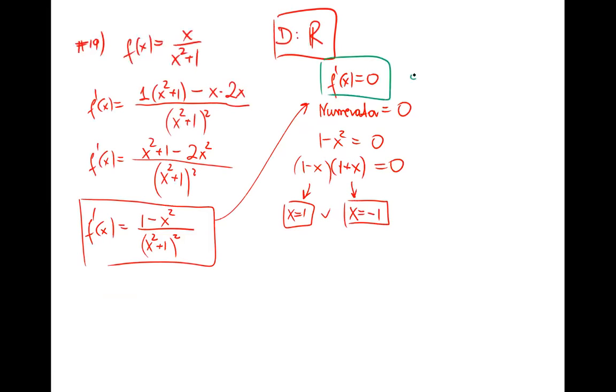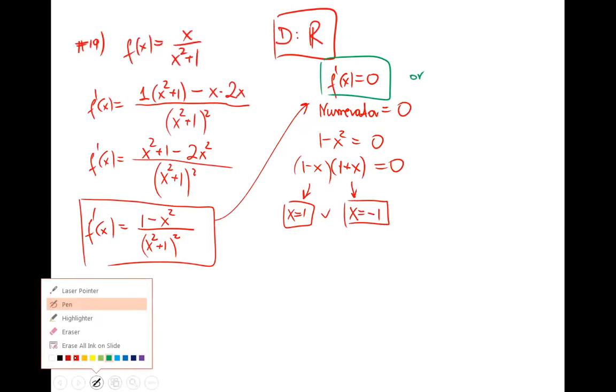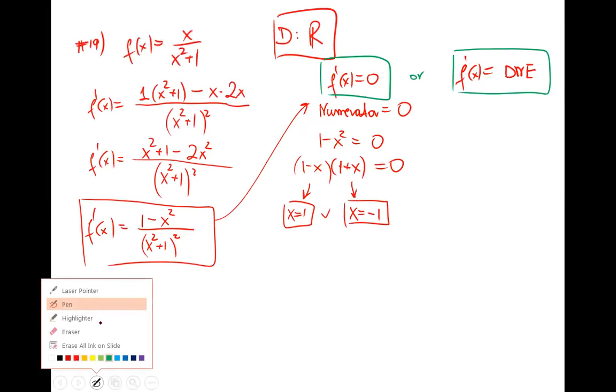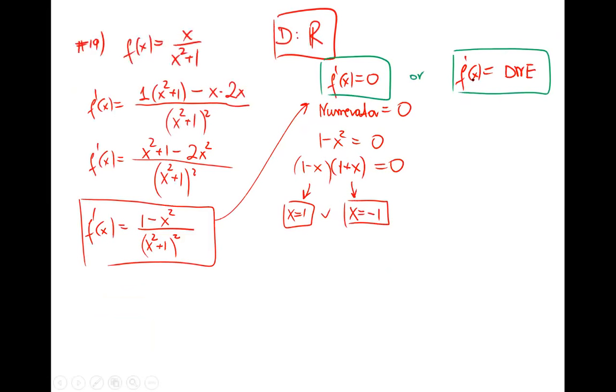Okay, but we also have to find out the values where the derivative is undefined. Okay? The derivative is undefined if the denominator is 0. And my denominator is x squared plus 1, squared, which is 0.